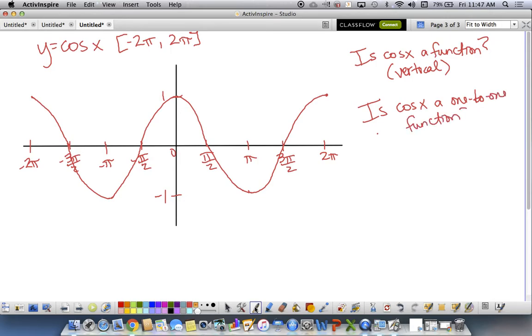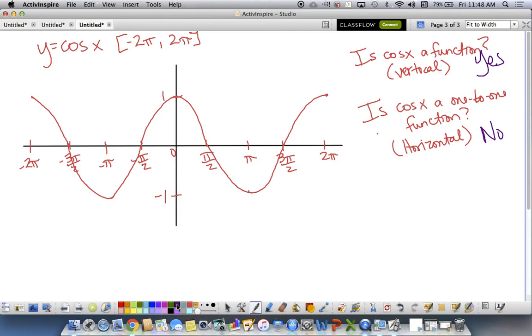Which test are we going to use? It's about the horizontal. Well, is it? Is it a function? Yes. Is it a 1-to-1? No. It still has these humps that are plaguing us like they did with sine.